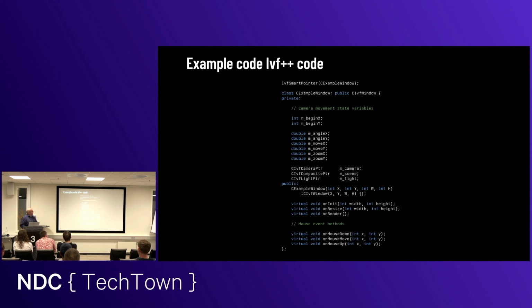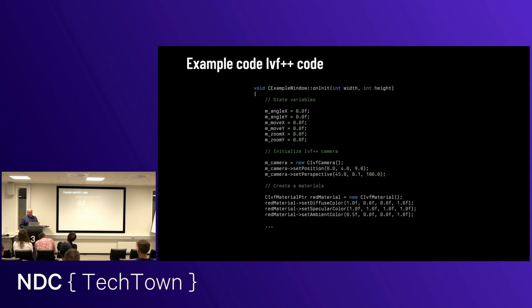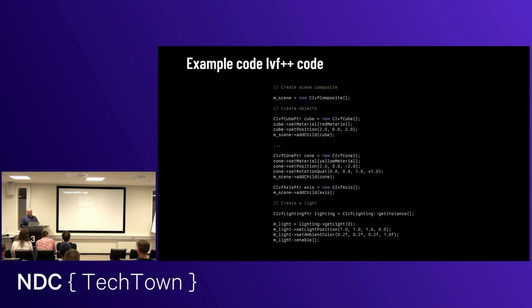This is the main application here, but I actually used smart pointers, so I started to use them already then. So you can see here, these are defines for smart pointers for the light and camera. And then you can create the camera, set position, set perspective, create a material, create a scene, have a cube here and add that to the scene, and so on.